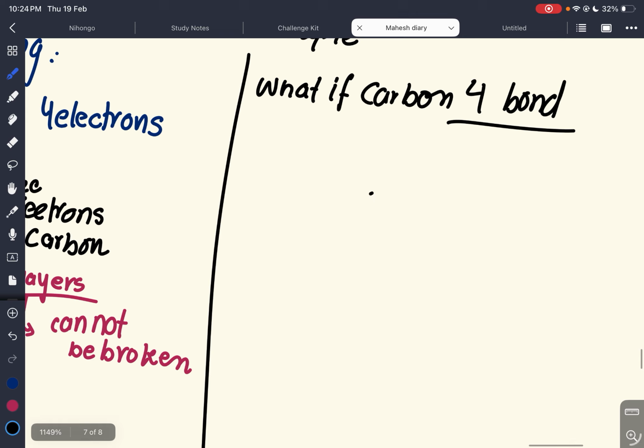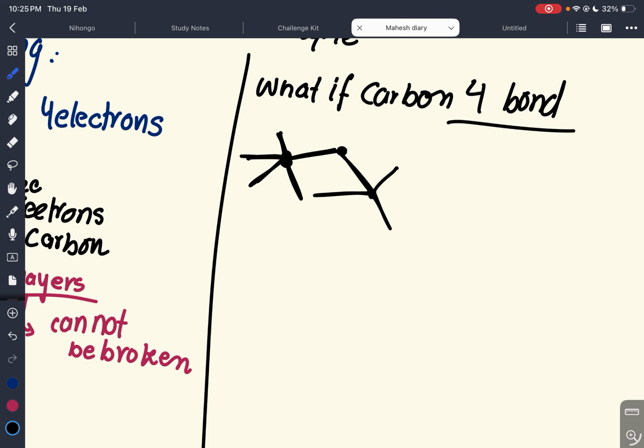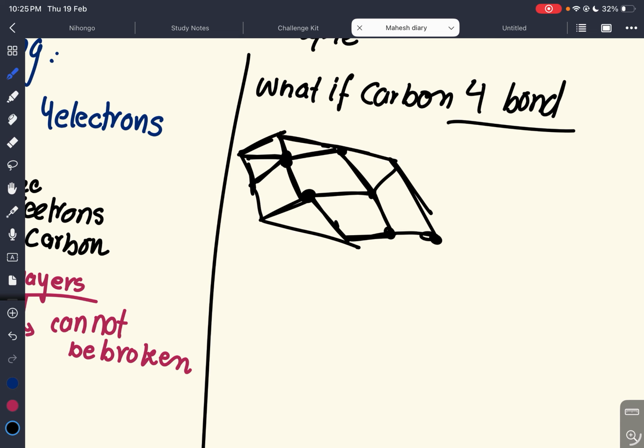If carbon really does that and it makes a bonding like that, what happens? A diamond is formed.